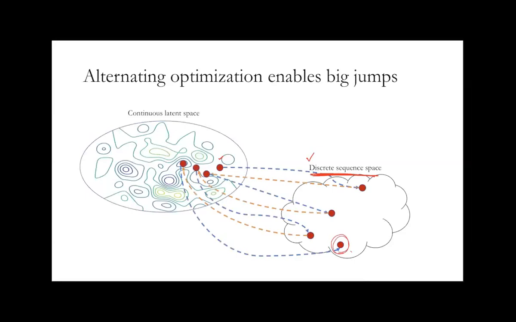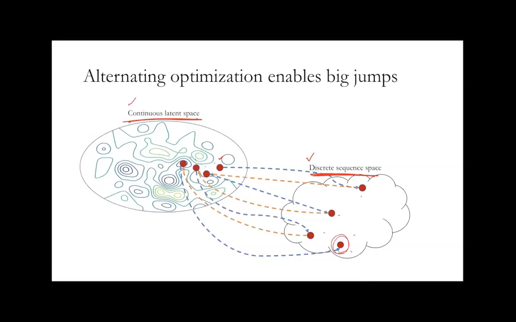So what it means is that with these latent variables, we're effectively augmenting this discrete sequence space with a continuous latent space. And then this actually helps us solve this optimization problem, or the search problem, much more efficiently and effectively, because small changes in this continuous latent space could lead to large jumps in this discrete sequence space.